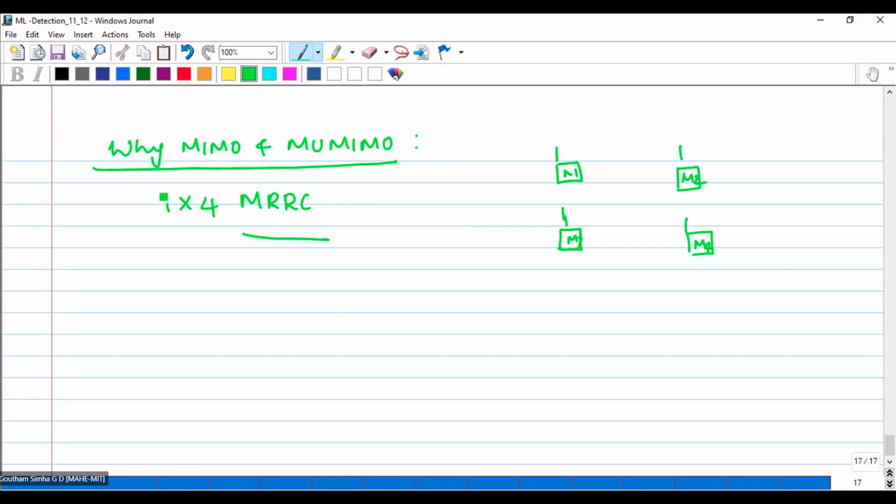If you are using MRRC, the channel matrix will be NR cross NT because you have assumed CSIR. This is my transmitting antenna. These are my receiving antennas. You have 4 branches. What does it mean? It means in my mobile device, I have 4 receivers here: 1, 2, 3, 4 receivers. Here I have 4 receivers, here I have 4 receivers, and here I have 4 receivers.